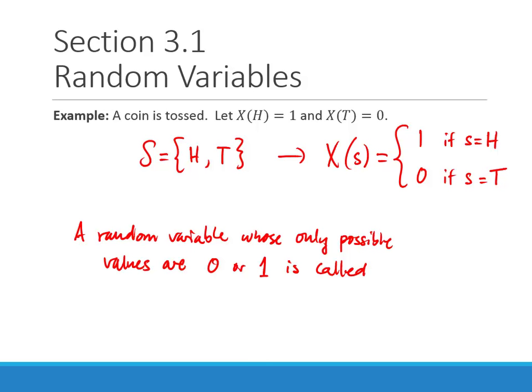Binary. Okay, that's one way of saying it, a binary random variable could be 0, 1. We're going to call this a Bernoulli random variable. Exactly the same idea as a binary random variable. The terminology in statistics is Bernoulli. And we'll see this guy popping up again later.